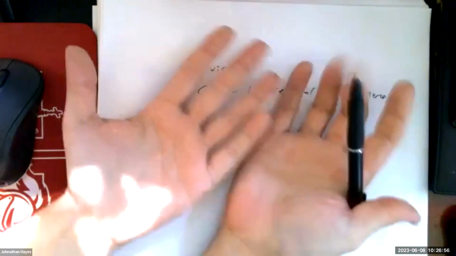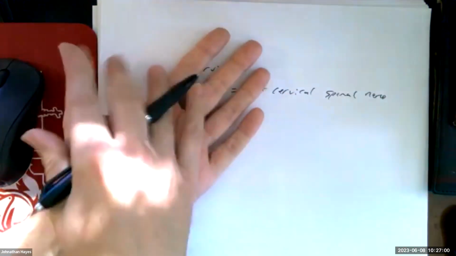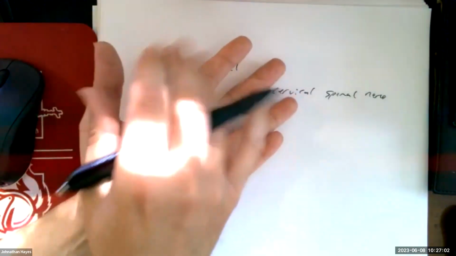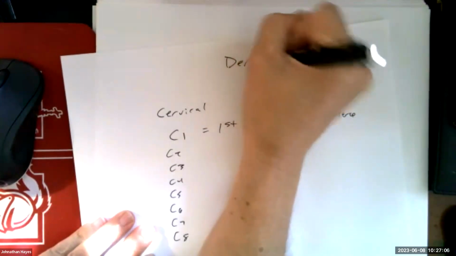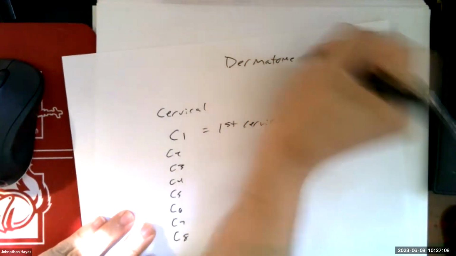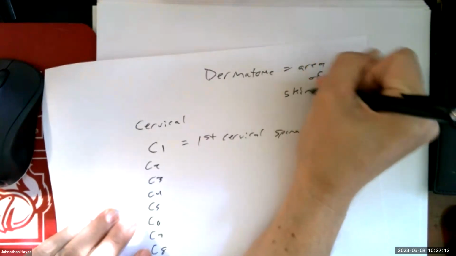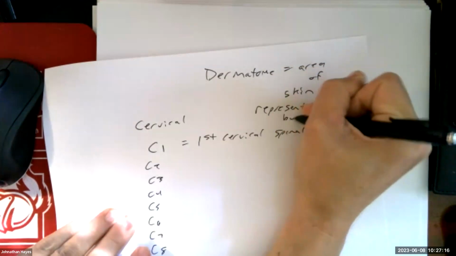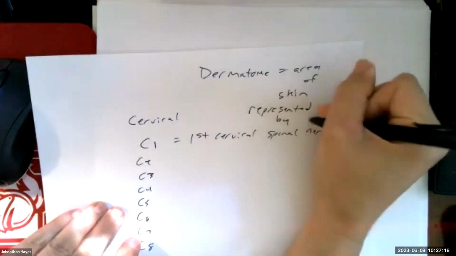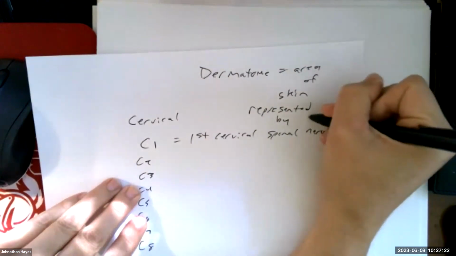So for example, you can see the palms of my hands right here, okay? Thumb side is going to be represented by what's called the C6 dermatome. And a dermatome is an area of skin represented by a particular nerve root or spinal nerve, okay?